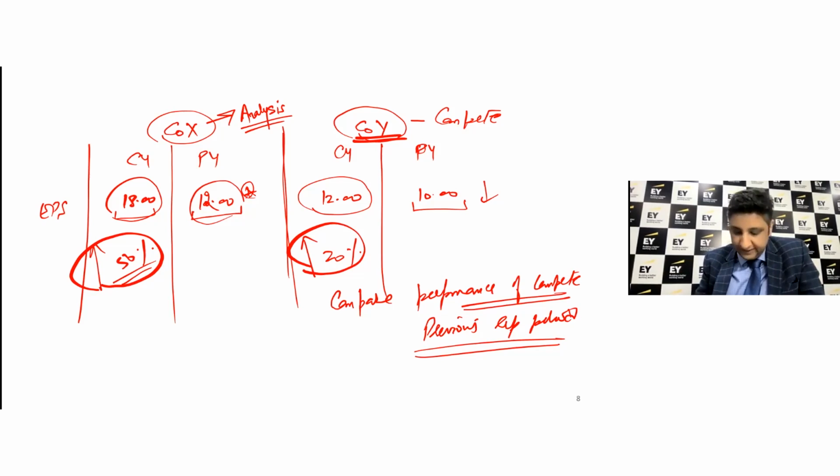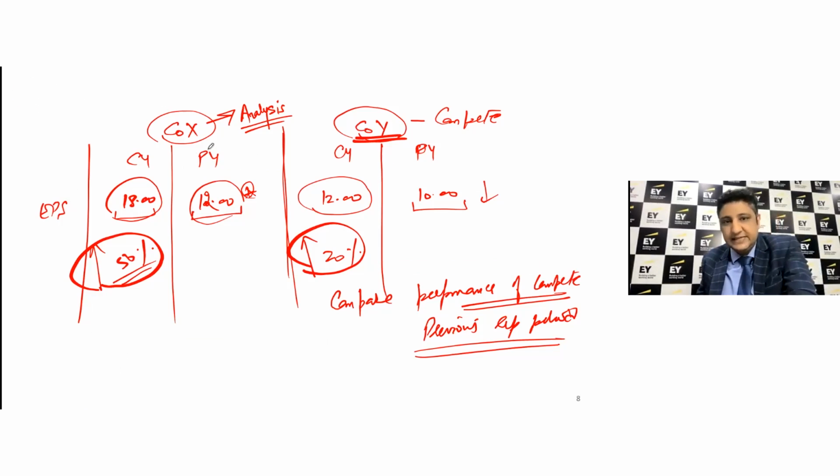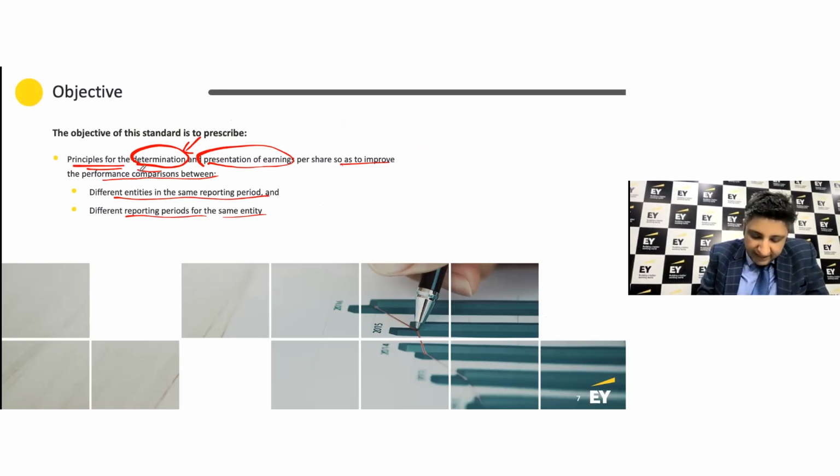Now, importantly, I'll go back to the statement. The standard determines the principle of how you calculate the EPS, right? So it's easy for anybody to analyze that this company is great. I mean, it is not just great in terms of the profit per share in each of the years, but even the growth is comparatively far better as compared to the competitor. The question is, how are you arriving at, how are you calculating that EPS?